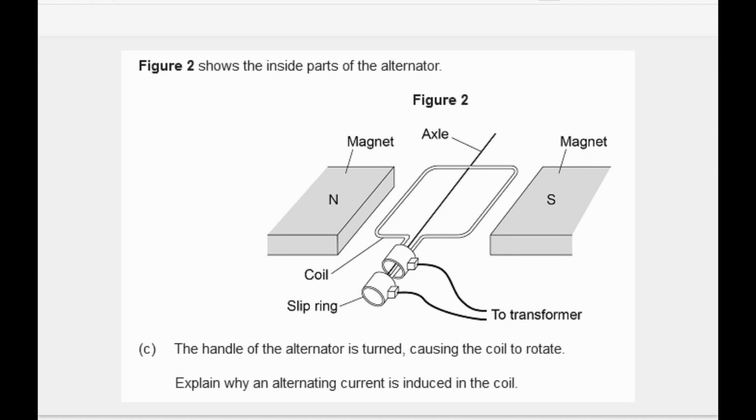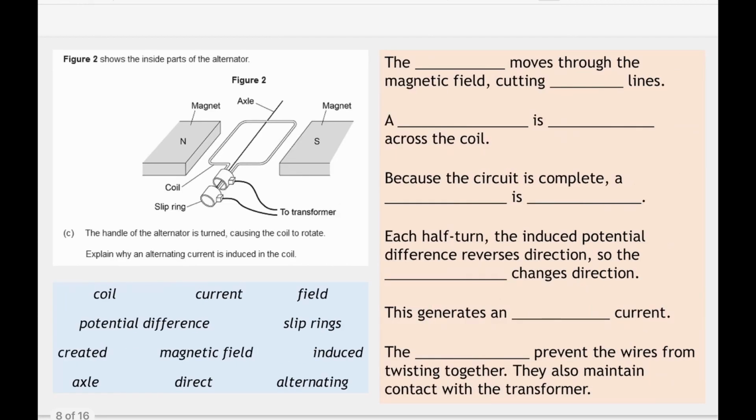If you would like to attempt this problem on your own, please pause the video now. And if you would like further help, here is a writing frame that you can fill in with words from this box. This time, words can be used more than once.